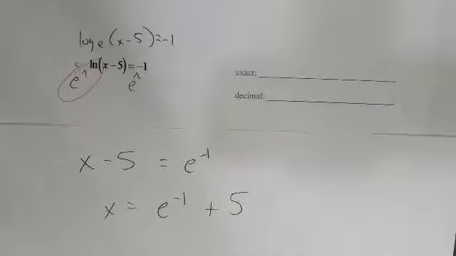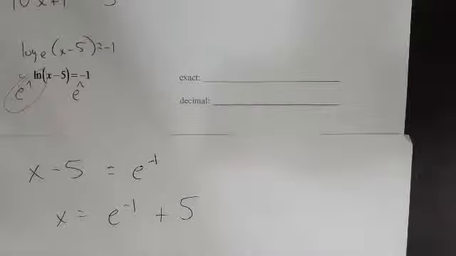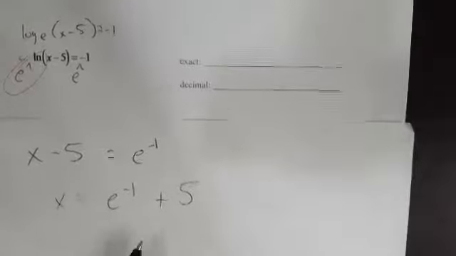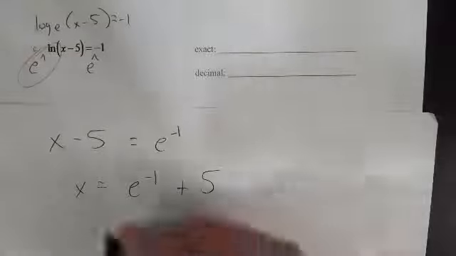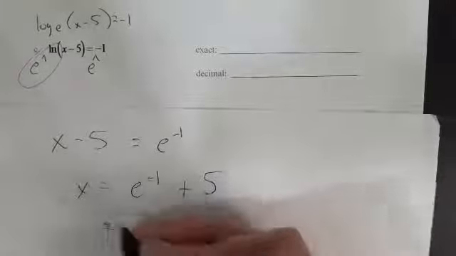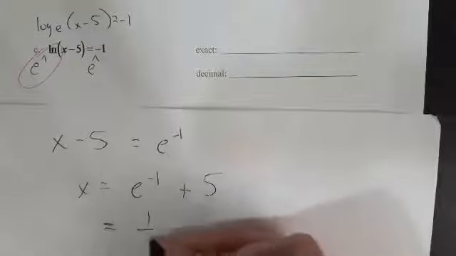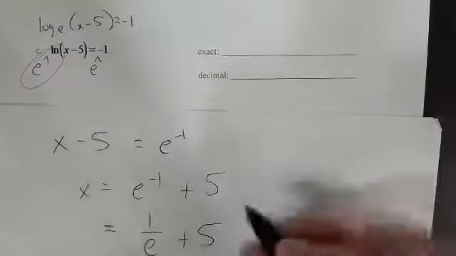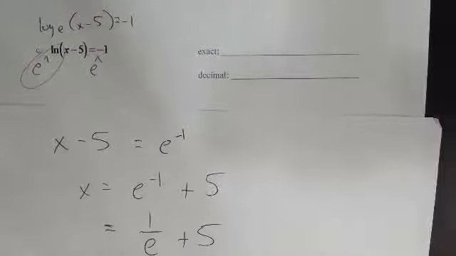So if I want an exact, and they may or may not write this, I'm not sure what form the book might write this in. This is fine for me, but they might do 1 over e plus 5. I'm not really sure. Sometimes they don't like to do negative exponents. So if we had to make this positive, we could flip it over 1.